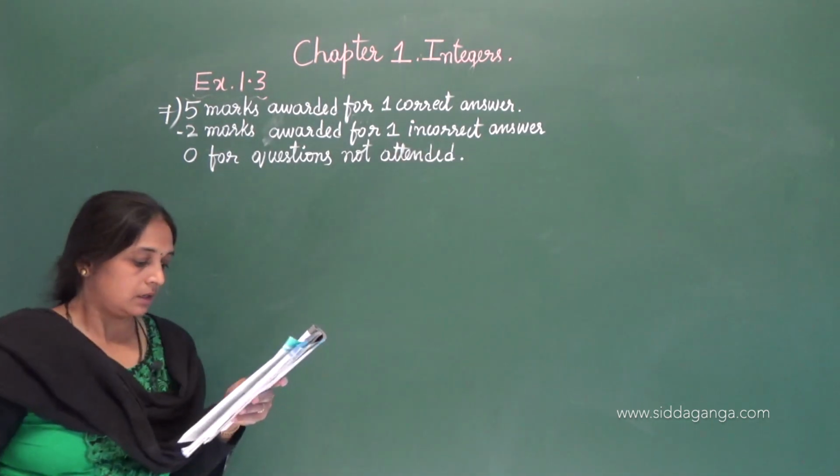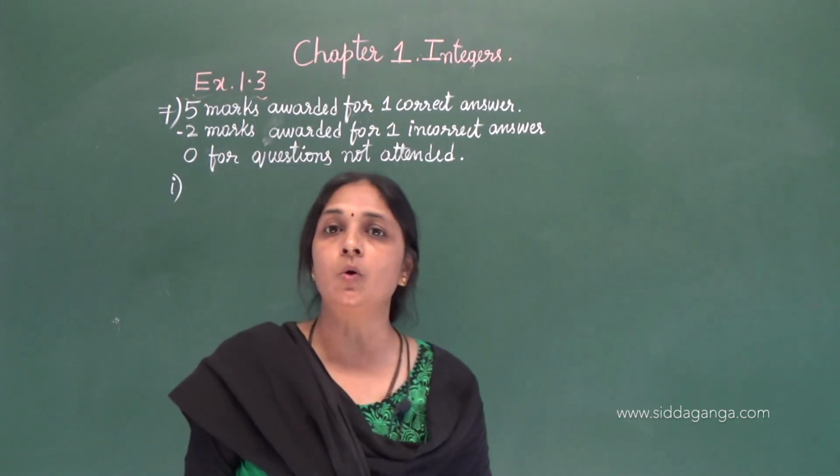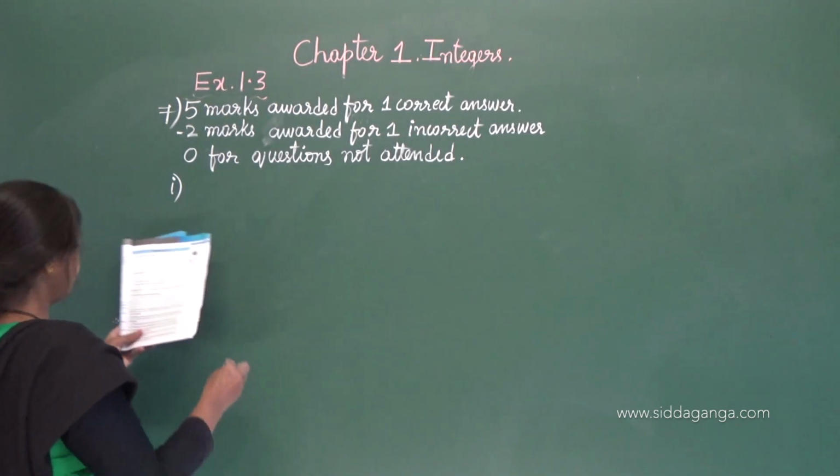Okay, then the first question is Mohan's. We have to find Mohan's score. Mohan gets 4 correct answers.